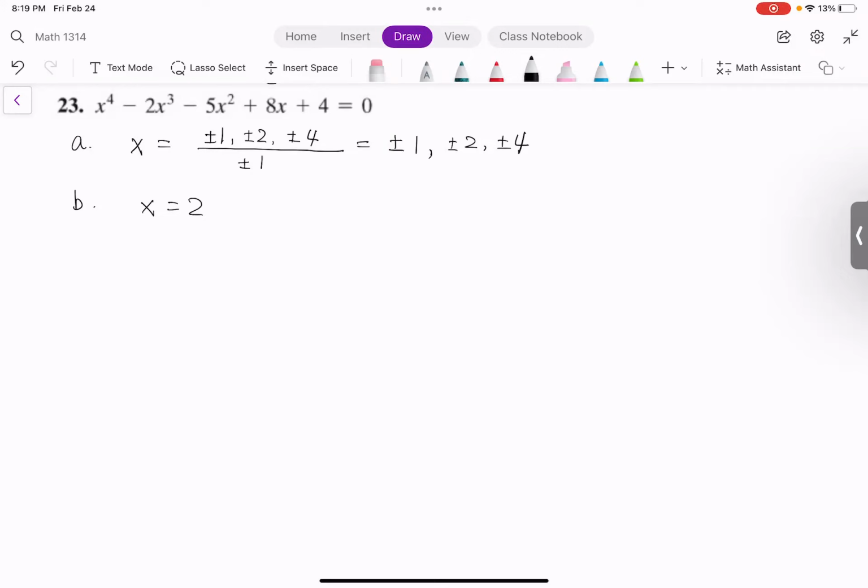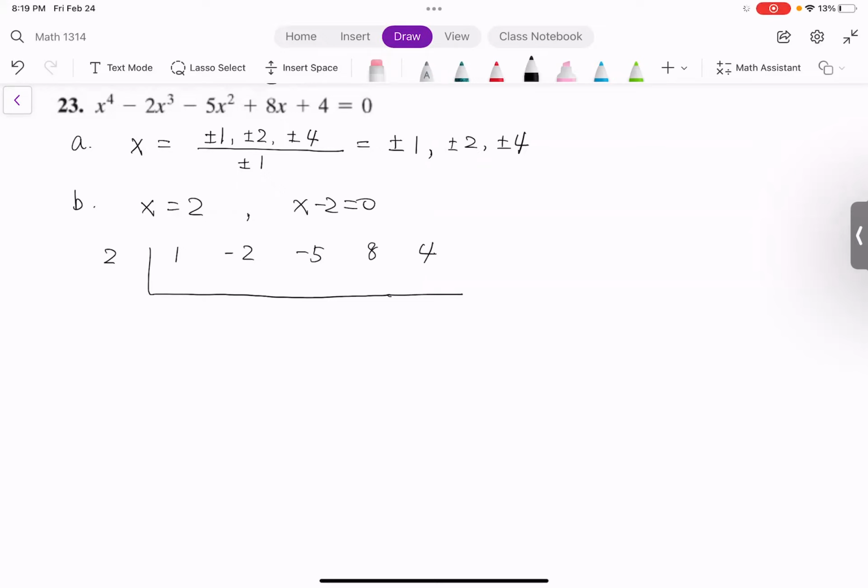And the divisor form is x minus 2 equals 0. Okay, let's list all the coefficients in the rectangle. They are 1, -2, -5, +8, 4. We have a longer expression.